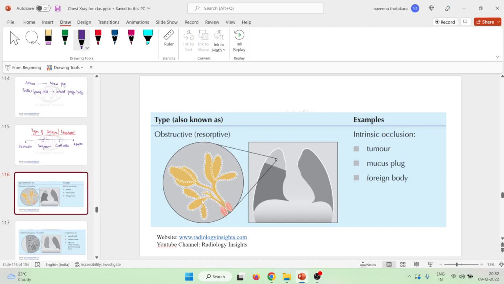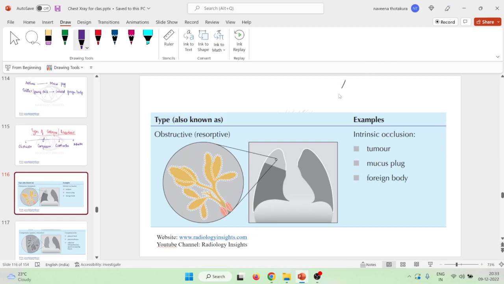The first type is obstructive collapse, also called resorptive atelectasis. If this is the airway, these are the alveoli, the terminal bronchioles, and higher up the second level bronchioles. Whenever a tumor, mucus plug or foreign body obstructs this airway, it does not have air.